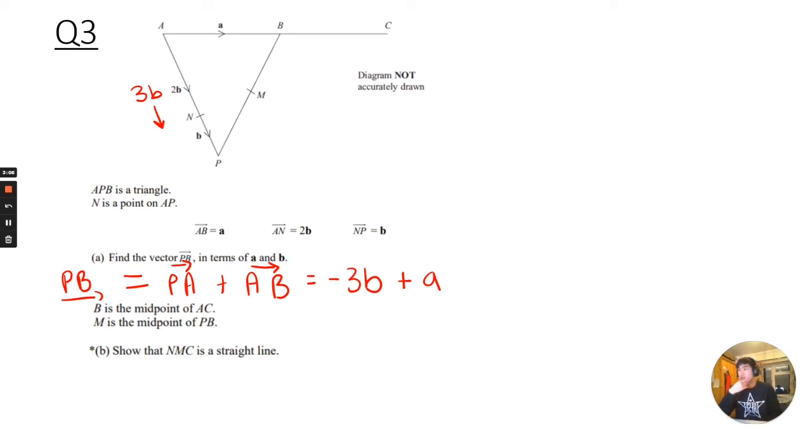And the next part says that B is the midpoint of A to C, and M is the midpoint of P to B. Show that NMC is a straight line.